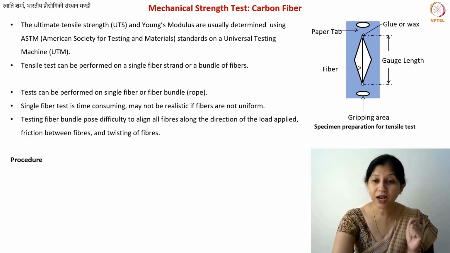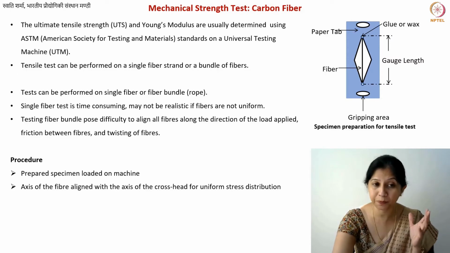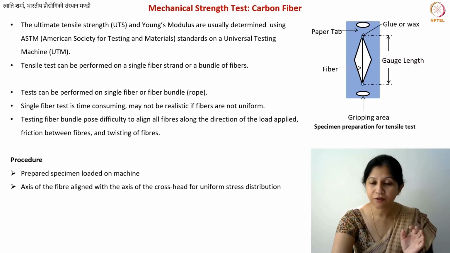Okay, so now we come to the procedure. How do we do that? As I already showed you this chip, what you do is you prepare your fiber specimen and you load it onto the chip, and the chip is loaded onto the machine, your UTM. Now you need to align the axis of your fiber with the crosshead.